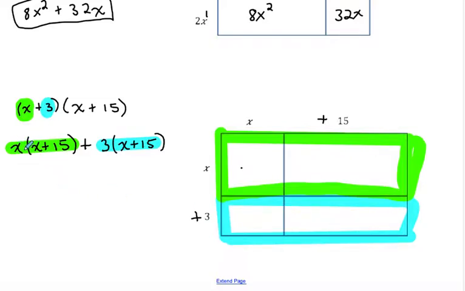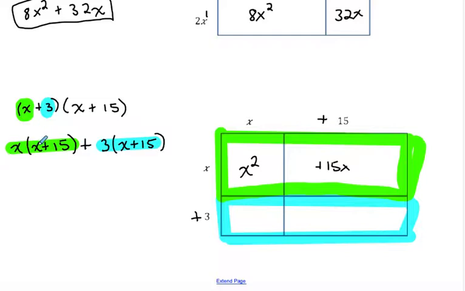So I've sort of distributed, and now I'm going to distribute again. We call this sometimes double distribution for, I think, clear reasons. So here I'll end up with x times x, or x squared. And here I'll end up with x times 15, or positive 15x.